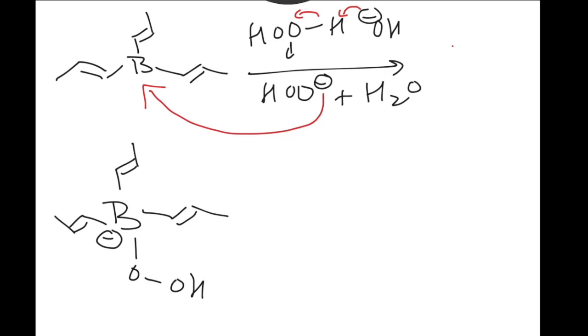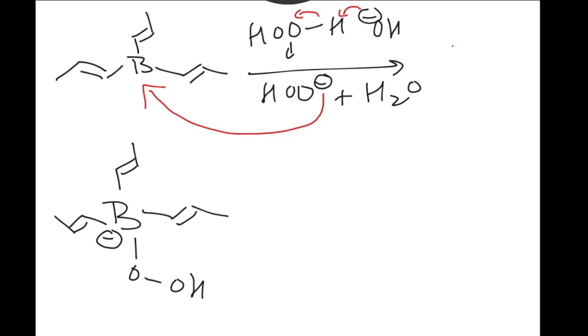Now, boron doesn't want to have a negative charge, but boron doesn't want to give up its bond to oxygen because boron-oxygen bonds are strong. So as opposed to giving up the boron-oxygen bond, boron's going to give up its carbon bond.